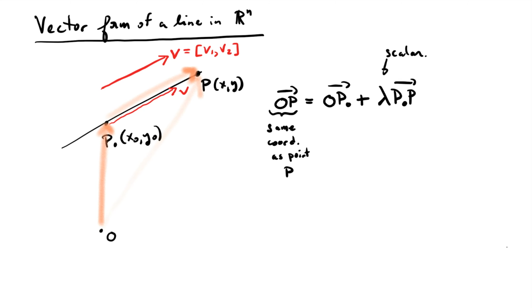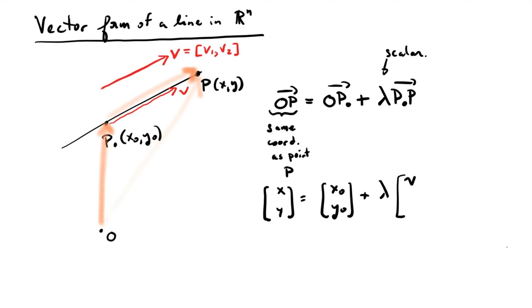Okay, so if I expand this, OP is (x, y), OP0 is (x0, y0), lambda is some parameter that I can vary, and then the vector times lambda. I made a small mistake.